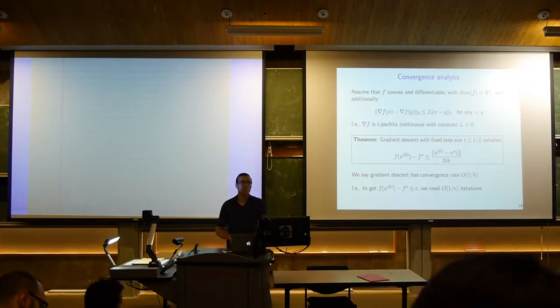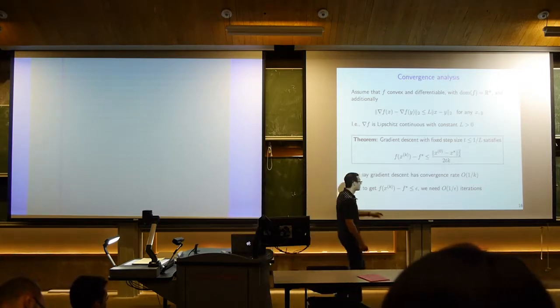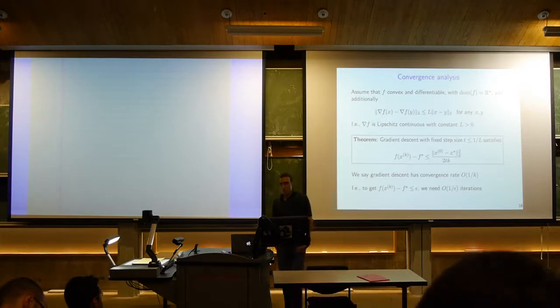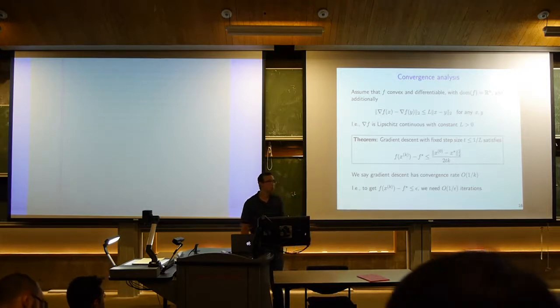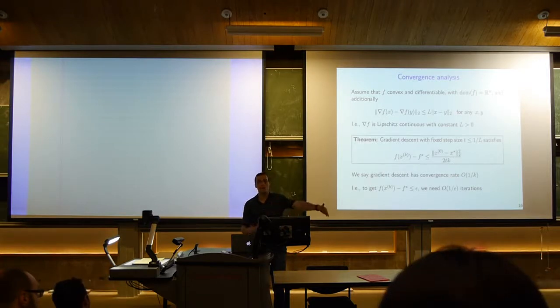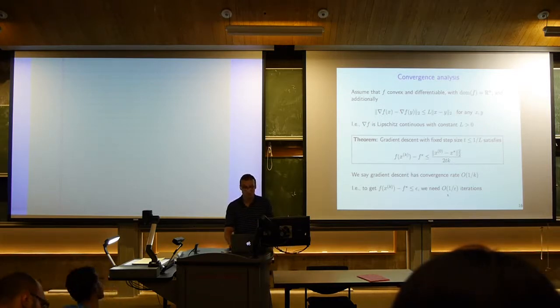So if you wanted a solution with a 0.1 suboptimality gap, then we need on the order of 10 iterations. If you wanted a suboptimality gap of 0.001, then you need on the order of 1,000 iterations. Every time you ask for another digit of accuracy, you need another order of magnitude more iterations. That's roughly what this convergence rate means.